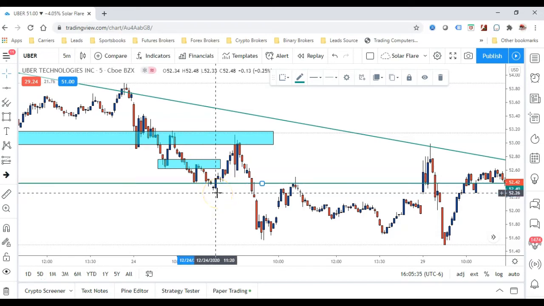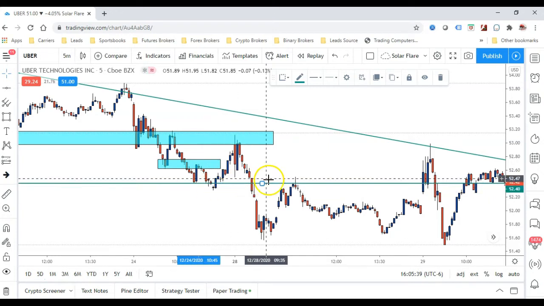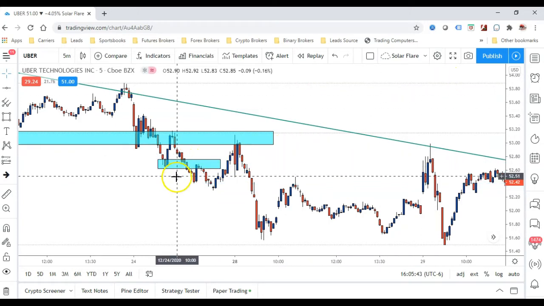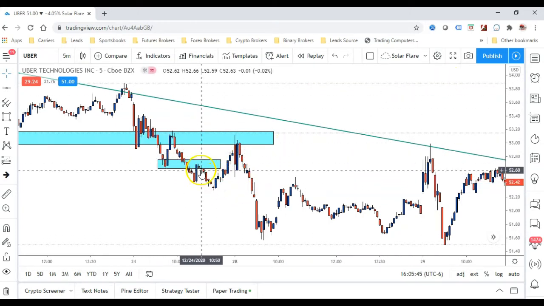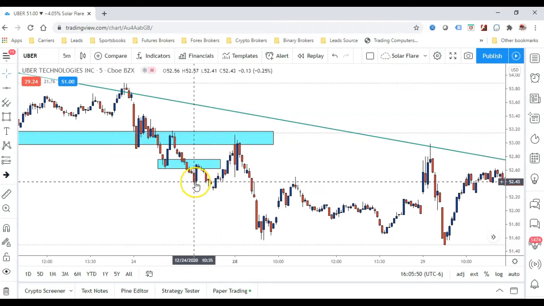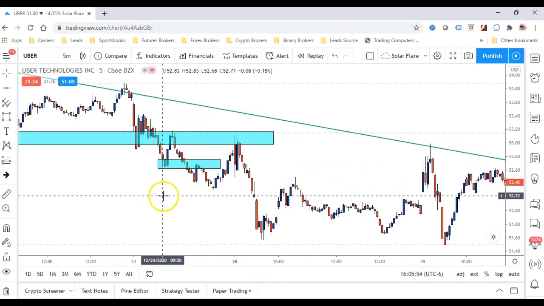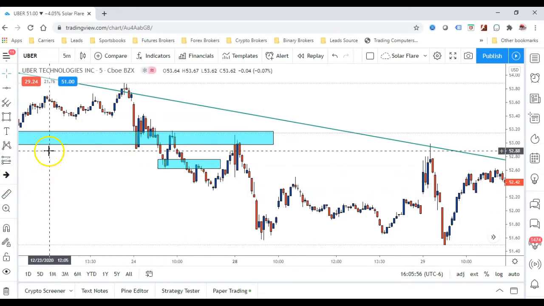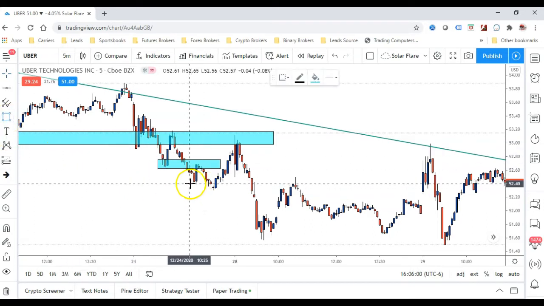That would have been a very tight, very small profit, but it was a profit. All right. So now we're out of that. We got in, we took profit, and we developed a new swing low. But as you can see, we didn't get anything from this particular trade.